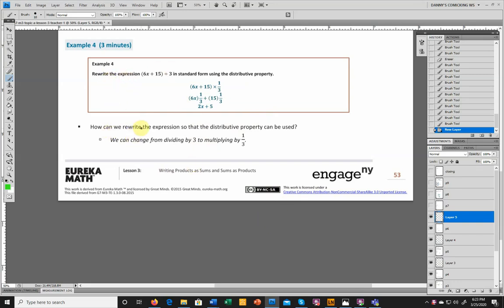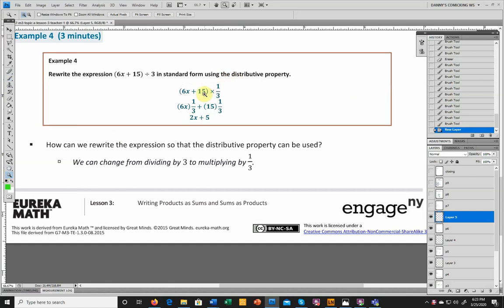Okay, so example 4, rewrite the expression 6x plus 15 divided by 3 in standard form using the distributive property. So, let me zoom in a little bit for you here. We have 6x plus 15 times 1/3.